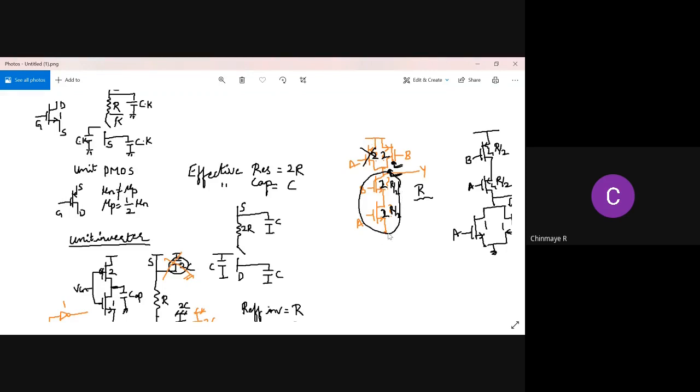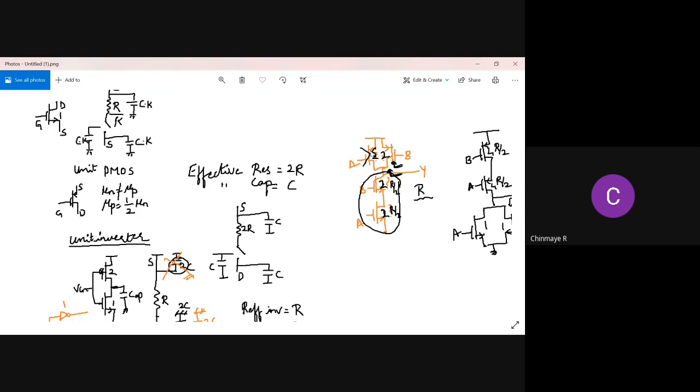On the NMOS side, for the effective resistance of this to be equal to R, we want the effective resistance of this transistor B as well as this transistor A to be R by 2 and R by 2, so that the effective resistance when it is in series is equal to R, right? So therefore, we make the width of both these transistors equal to 2.